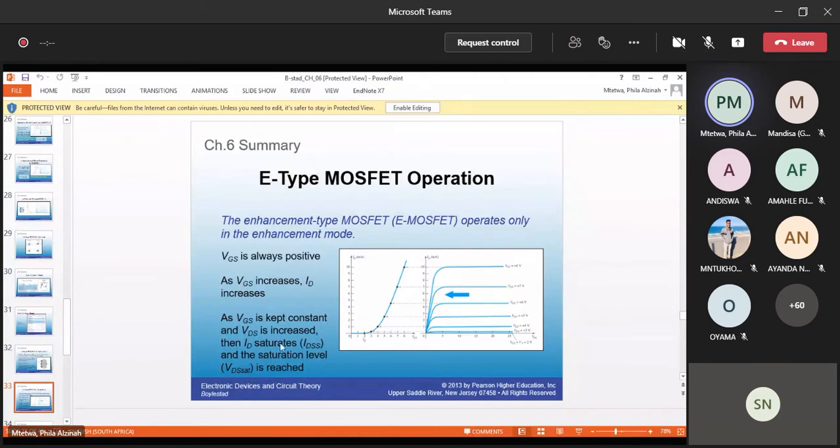As VGS is kept constant and VDS is increased, then ID saturates. It will not increase anymore. It reaches a level where it just saturates, and that level, we've already established, is called IDSS, which is ID at saturation.